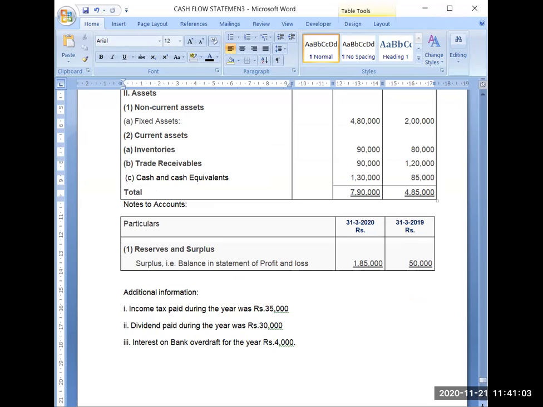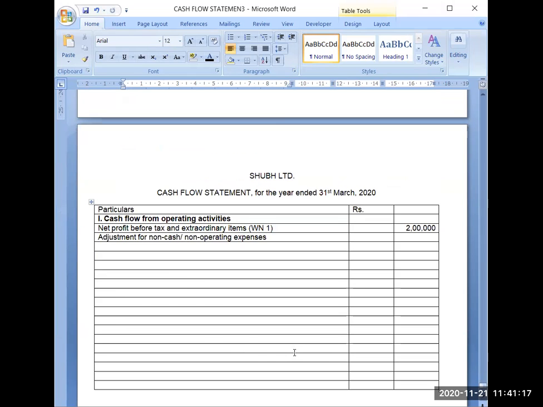Then one non-operating expense is interest paid. So that interest paid information is given in the question. Interest on bank overdraft for the year rupees 4,000. So that is a non-operating expense. So that I will add here. Add interest on bank overdraft.